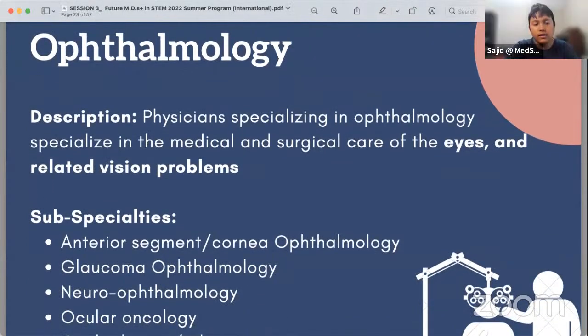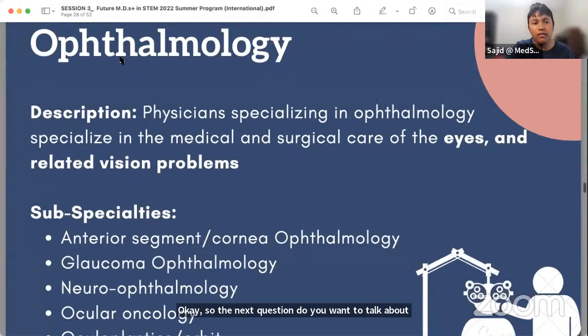Okay, so the next specialty we're going to talk about is ophthalmology. And so ophthalmology is basically medical and surgical care of the eyes and related vision problems. So some subspecialties that fall under ophthalmology are anterior segment / cornea ophthalmology.